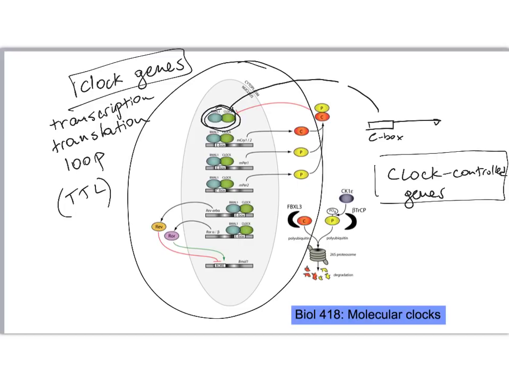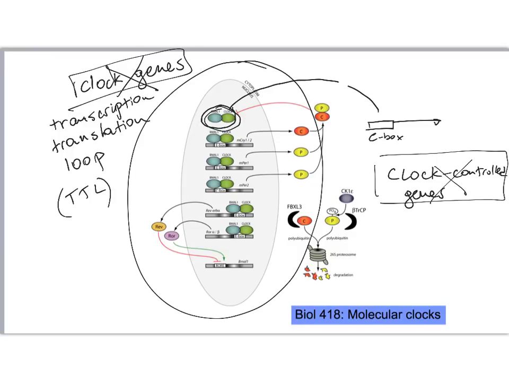In other words, if you knock out one of these genes, or in principle if you knock them out completely, all of them, the clock should still be running. However, if you knock out one of these clock genes, the clock stops, as we said. So that's in general how transcription and translation is controlled outside of the loop.